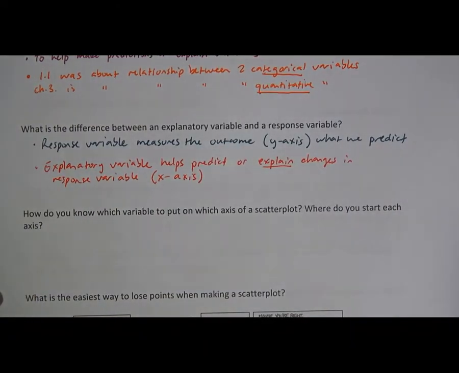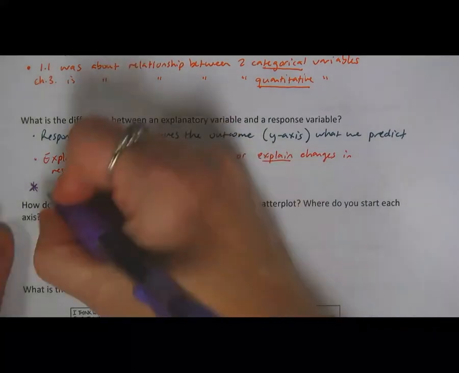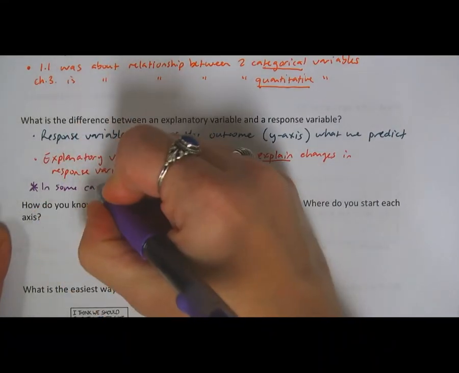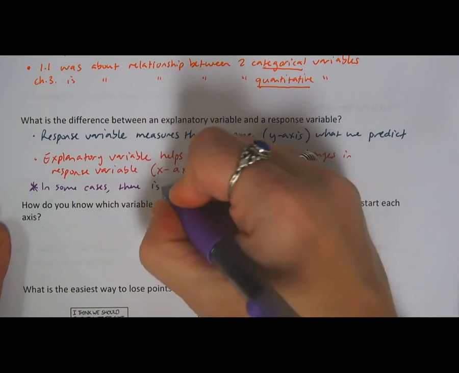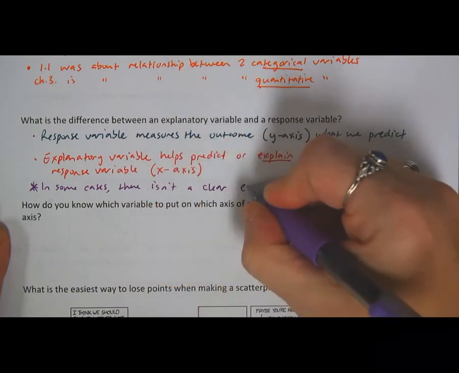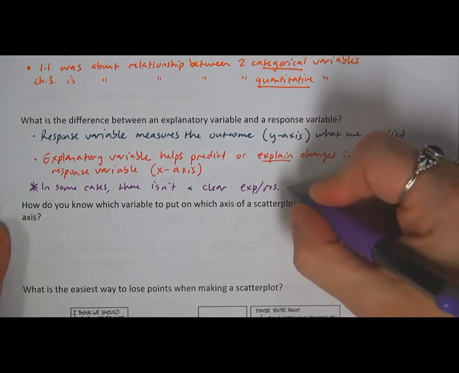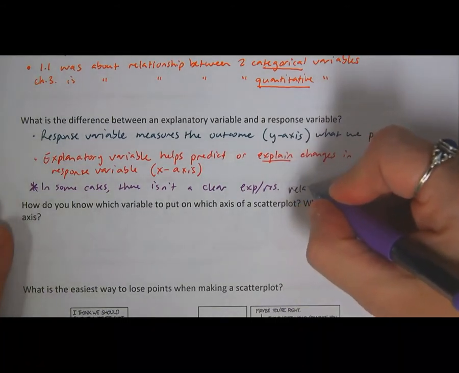Now, in some cases, if you're trying to make a scatter plot, you're trying to decide which one might help predict the other one, which one's the outcome, what comes first, what comes last. Every now and then, there might be two variables that don't really seem related. There's not a clear explanatory versus response relationship, so just make a little note because I don't want that to drive you crazy. In some cases, there isn't a clear explanatory response relationship.